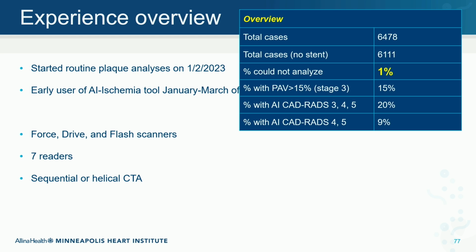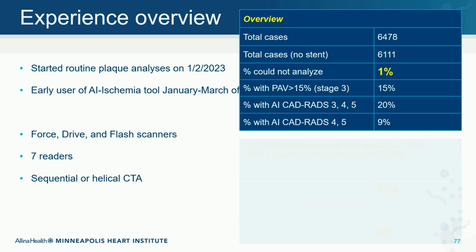Now, part of our group adopting some new technology is to earn confidence from our readers. We have 7 experienced readers at the time that we did this, from a multitude of dual source scanners. And I would say that the group has a history of being somewhat skeptical towards new technologies.